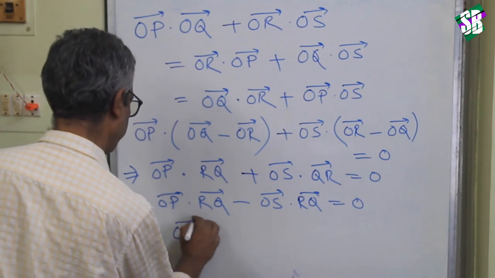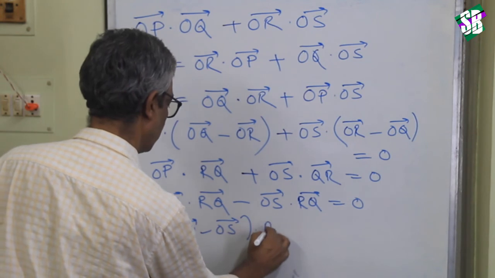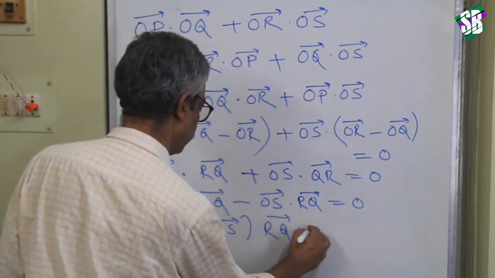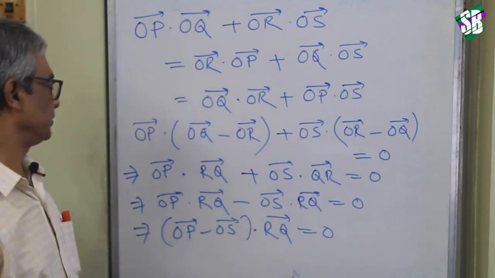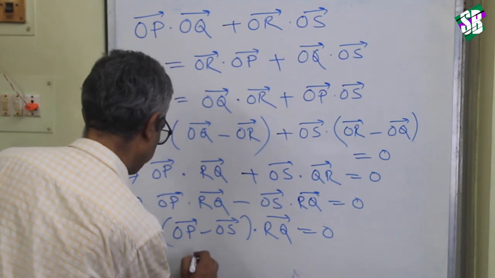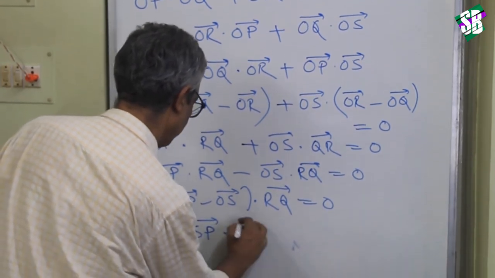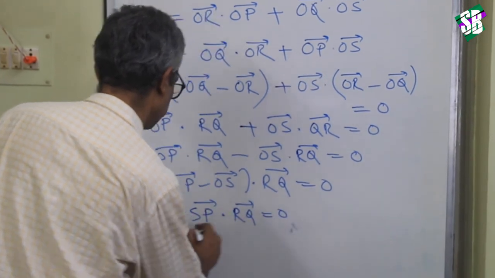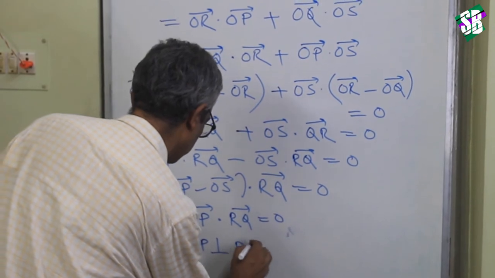So OP vector minus OS vector dot RQ vector equal to 0. Right? But what is this? This is SP vector. So SP vector dot RQ vector equal to 0. This means that SP is perpendicular to RQ.